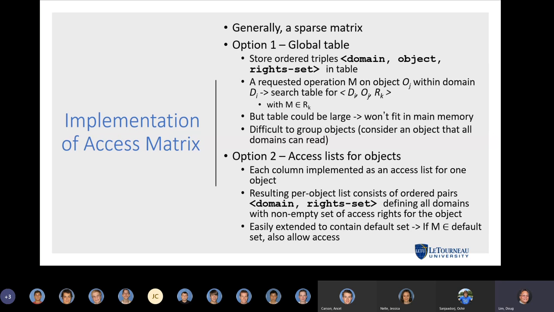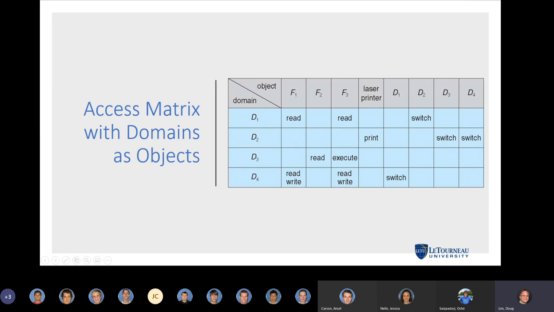One thing to note in the global table, option 1, is that the information for the global table is stored as an ordered triple. So it's a tuple of 3 items, hence a triple. If you view the matrix here, we're talking about this side and then this side, and then what's in the box.